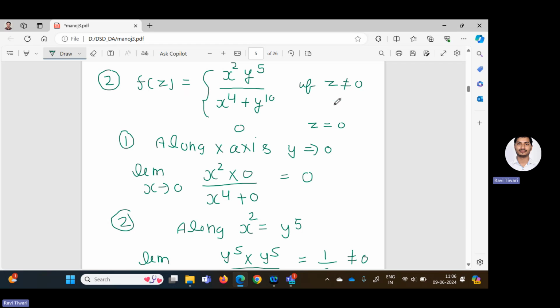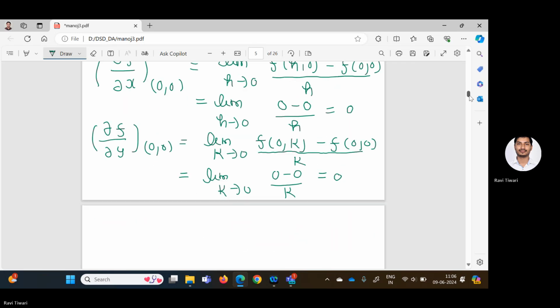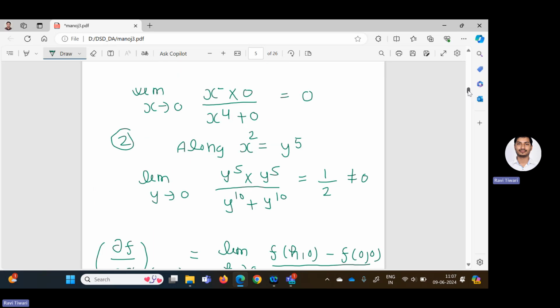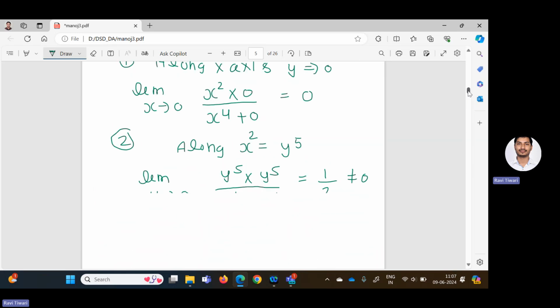It is clearly mentioned that only if z is not equal to 0 can we use the given function; if z equals 0, the value of the function is given as 0. So in this question, the partial derivatives exist, but the function is not continuous.